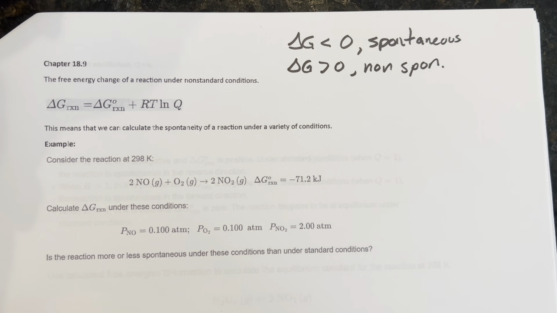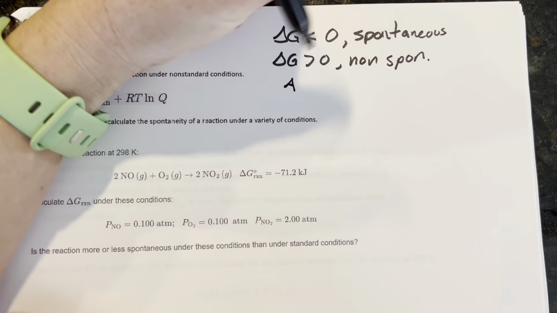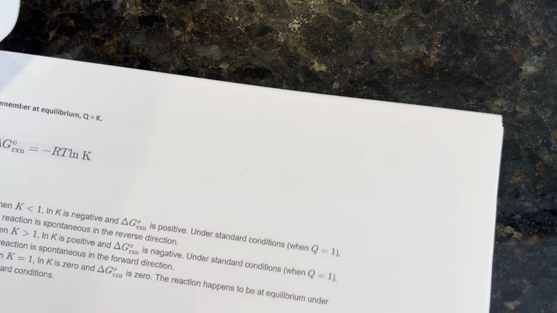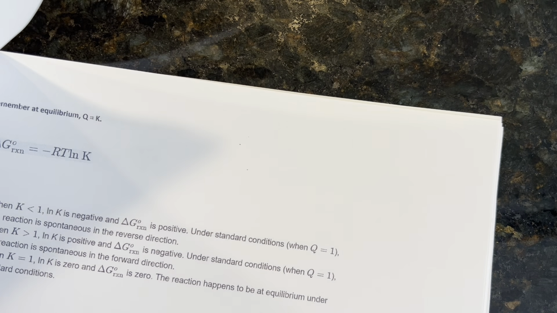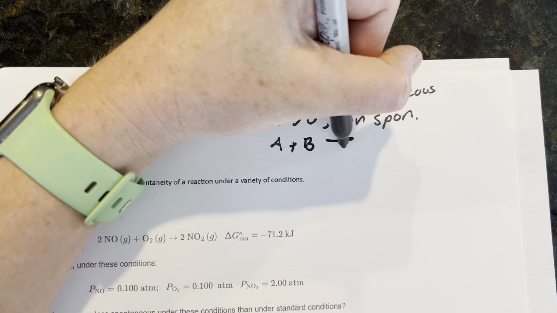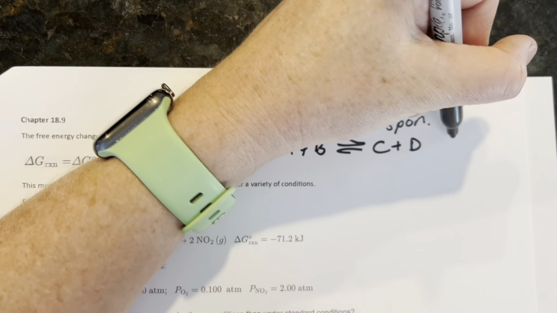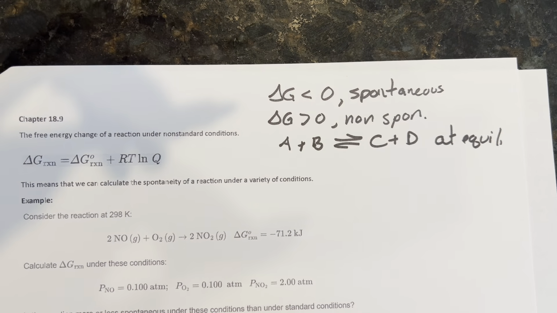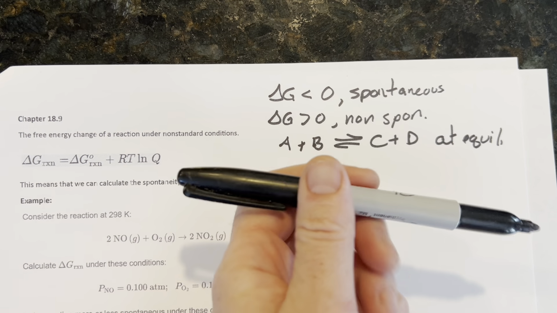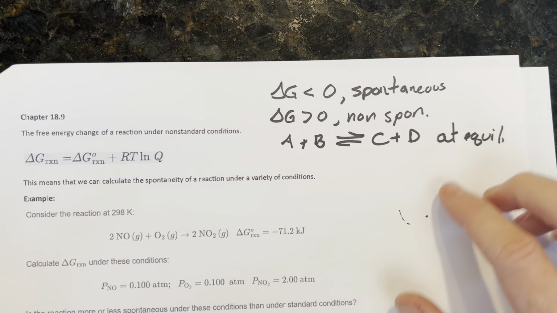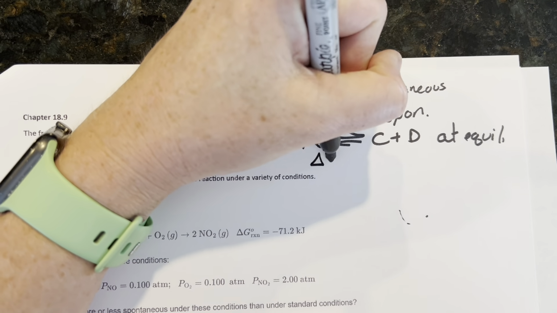We also said that if we have a reaction like A plus B in equilibrium with C plus D, the reaction going this way and the reaction going this way both have to be going, which they would be at equilibrium, so delta G would have to equal 0.